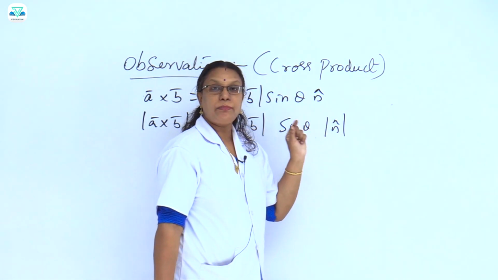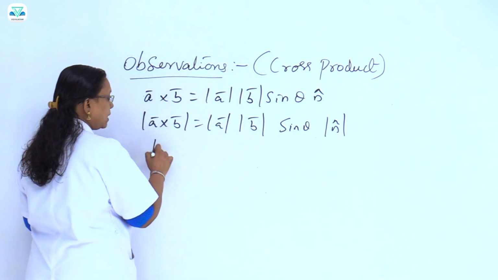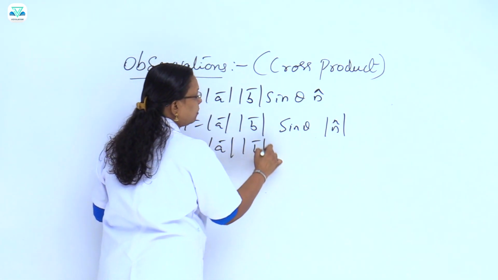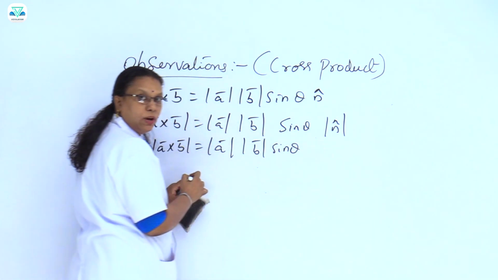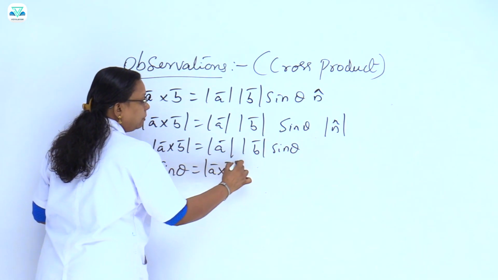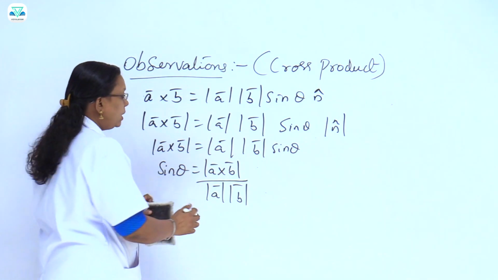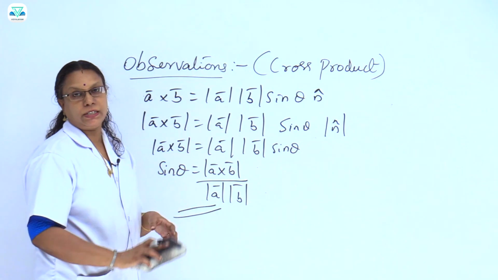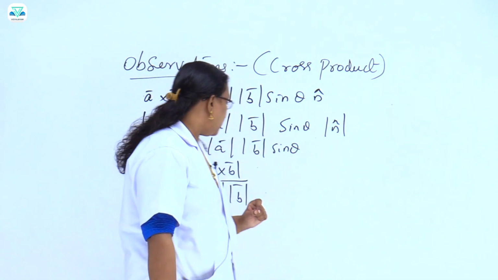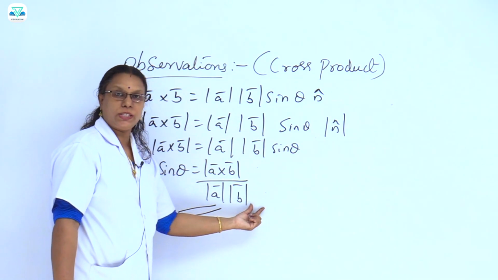Since n cap is a unit vector, modulus n cap is 1. So from this result we can write modulus A cross B is equal to modulus A modulus B into sin theta into 1, or what is sin theta? It comes as modulus of A cross B by modulus A into modulus B. So the sine of the angle between the vectors, whereas earlier we did the cosine of the angle, is modulus A cross B by modulus A into modulus B.